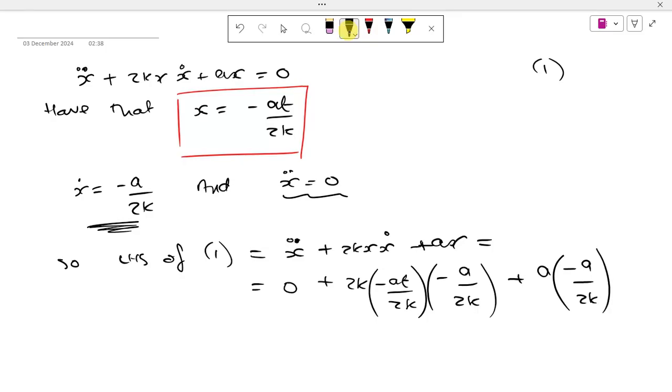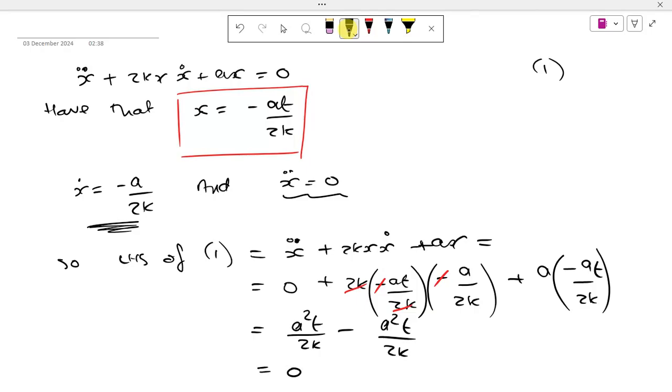Right, now that's equal to, like I said before, the 2k's cancel, and also the minus sign cancels with the minus sign there, leaving us with a squared t over 2k plus, well, it's going to be a minus, isn't it, because it's a times a minus a, which is a squared. Oh, and there should be a t in there as well. A squared t over 2k, and that's equal to 0.